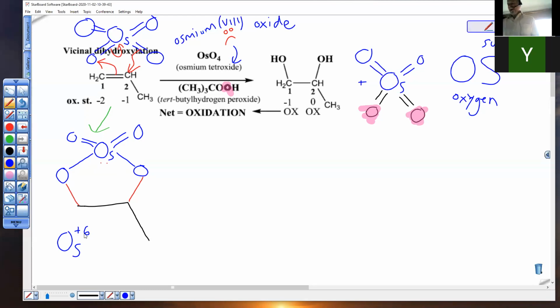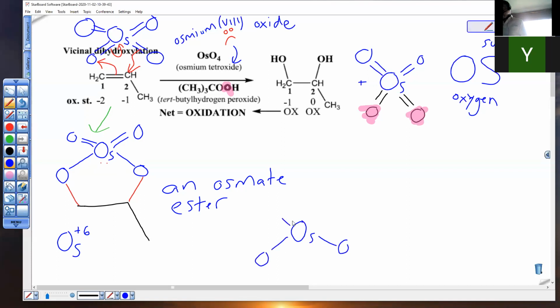And this is called an osmate ester. Species that look like acids, whose H's have been replaced by carbons, from ic acids in particular, are called esters.